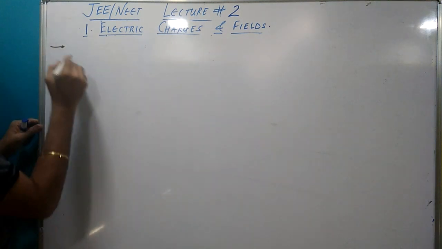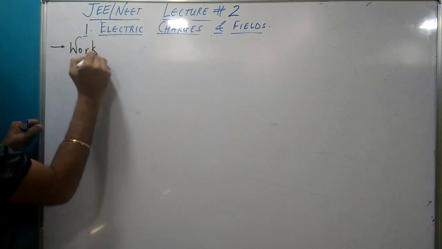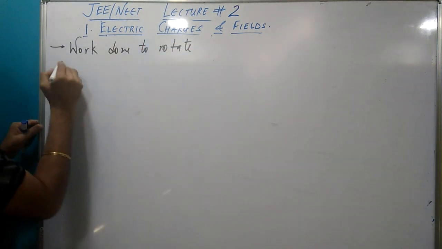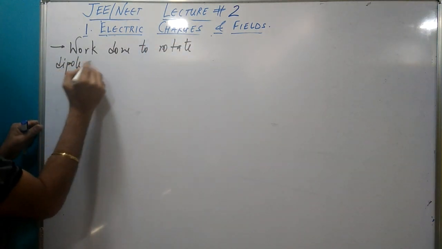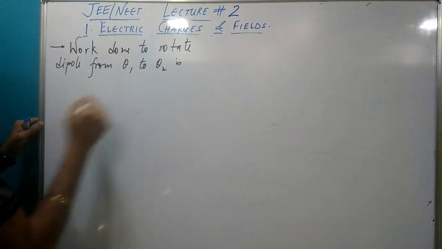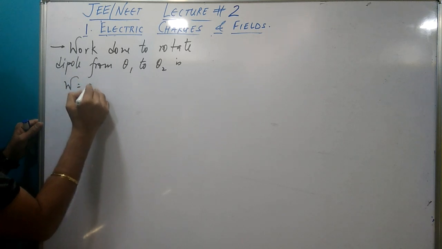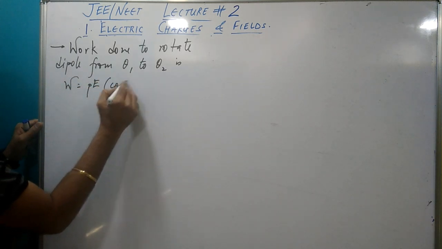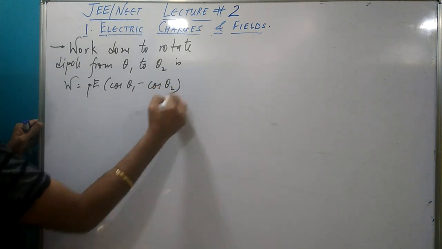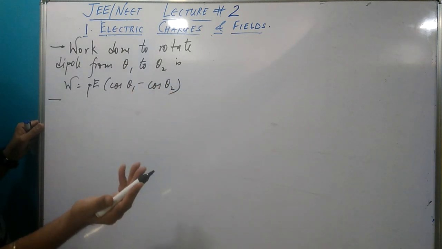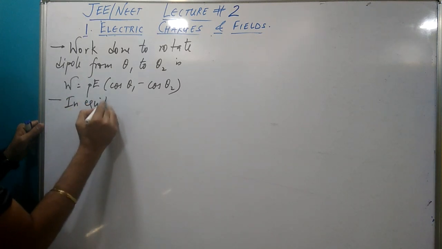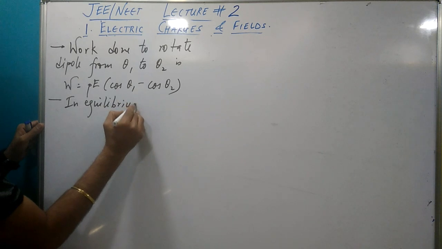So, work done to rotate dipole from theta 1 to theta 2 is given as work is PE times cos theta 1 minus cos theta 2. And if a dipole is already in equilibrium, then its theta 1 is 0.